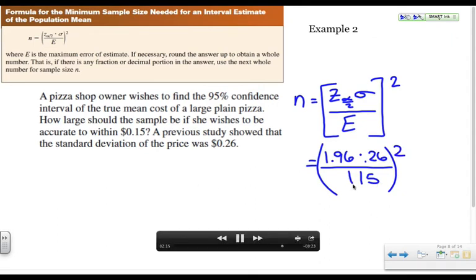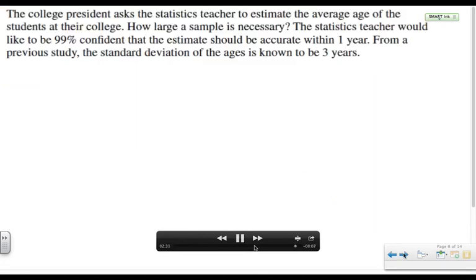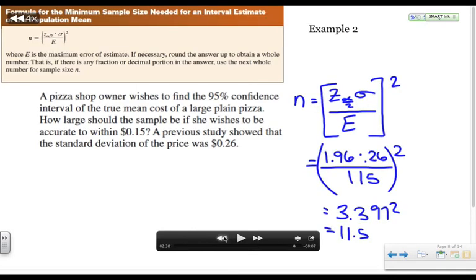I messed up when I wrote this, I apologize. That should be 0.15. I'm not sure what I was thinking. The number should still be accurate, my answer. So 3.397 squared, so 11.5. I think I messed this up when I was doing it, so check the numbers on this.